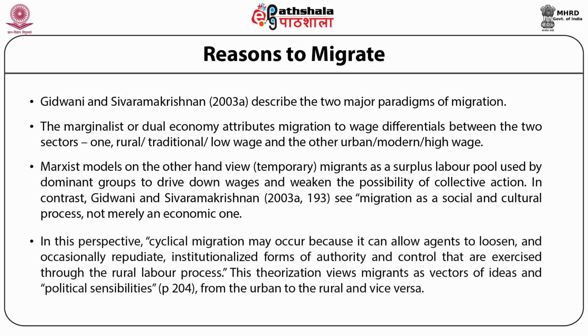In this perspective, cyclical migration may occur because it can allow agents to loosen and occasionally repudiate institutionalized forms of authority and control that are exercised through the rural labor process. This theorization views migrants as vectors of ideas and political sensibilities, from the urban to the rural and vice versa.